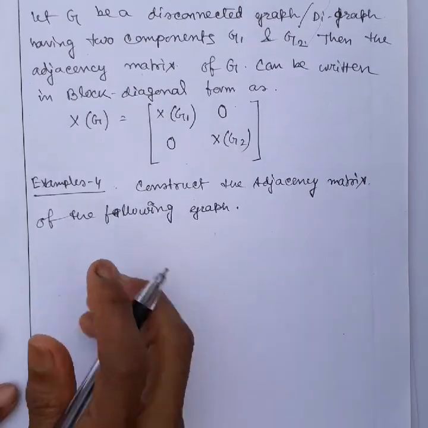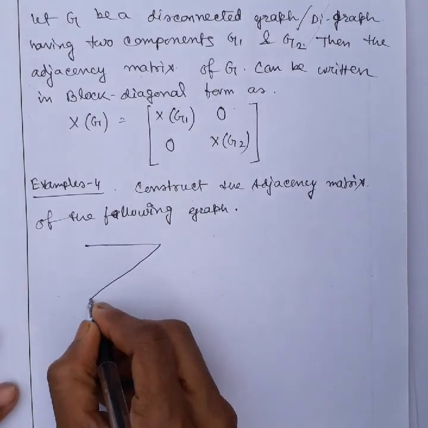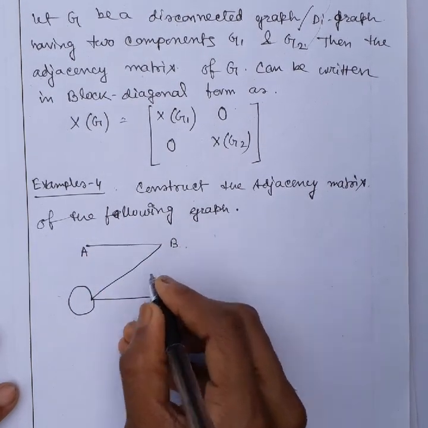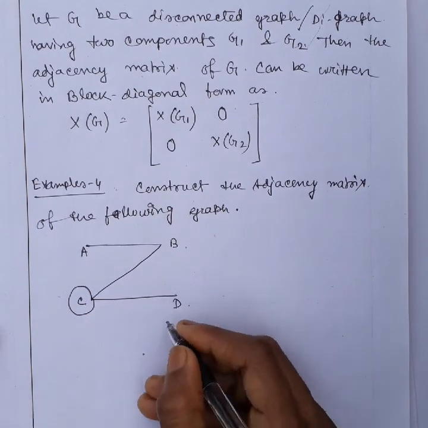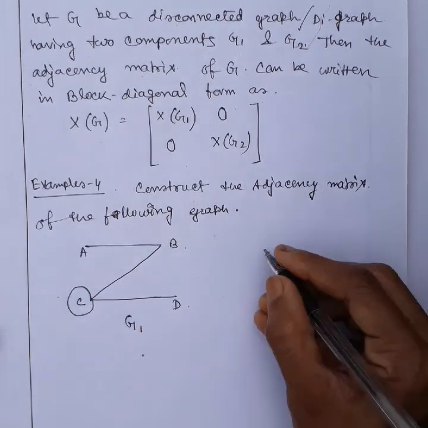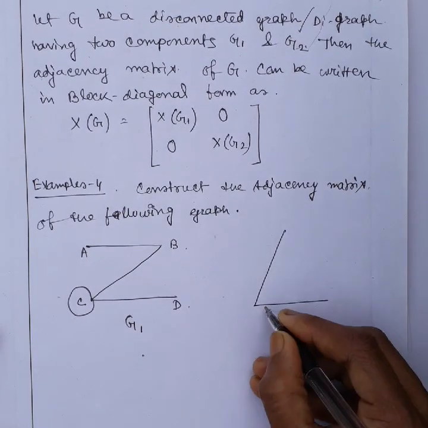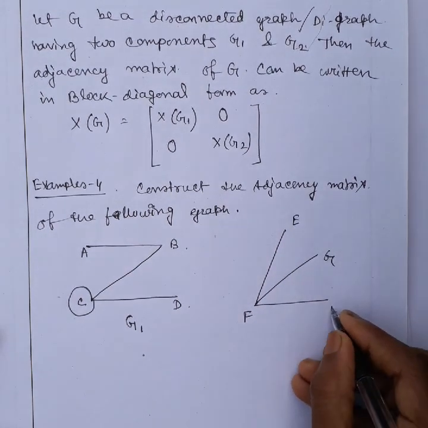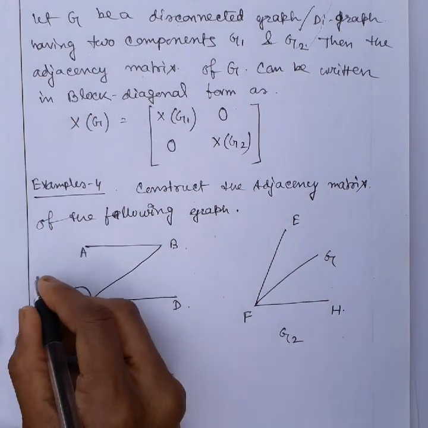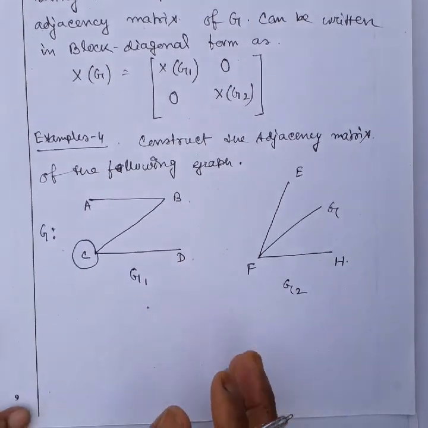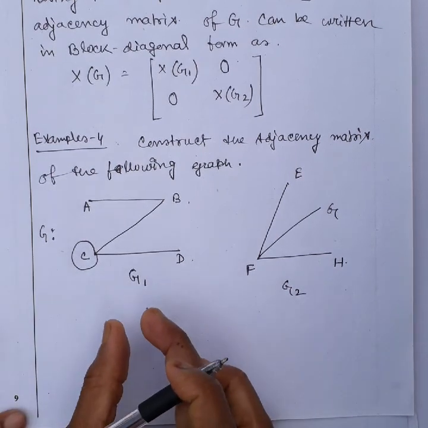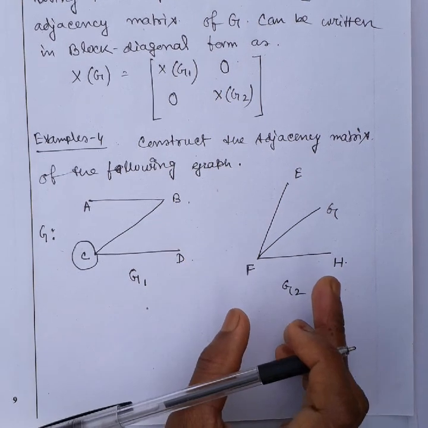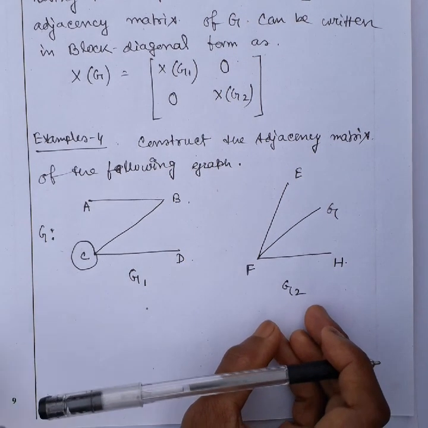So for this graph, this is a graph A, B, C and D, so it is G1, and E, F, G, H and it is G2. Totally it is G. So G is a graph and there are two components G1 and G2. G1 has 4 vertices A, B, C, D and G2 also has 4 vertices E, F, G, H.